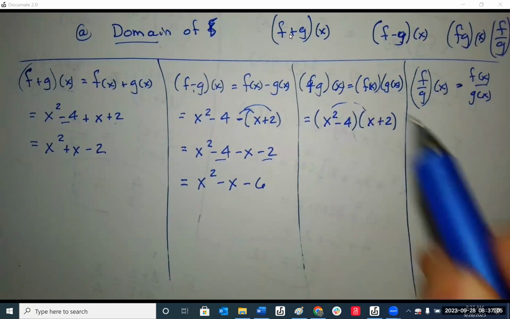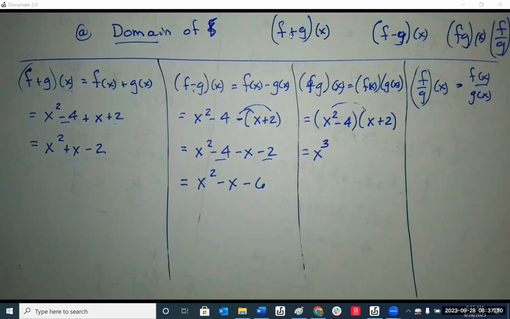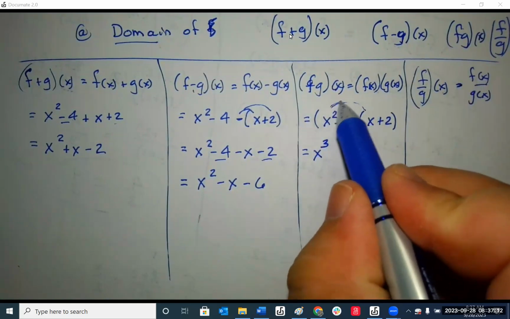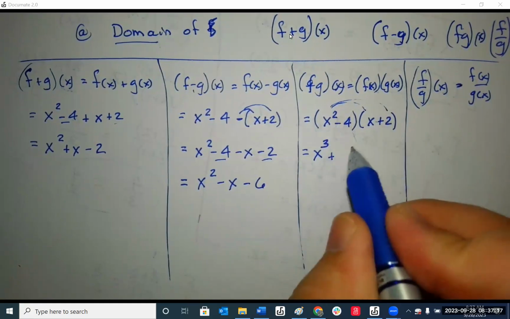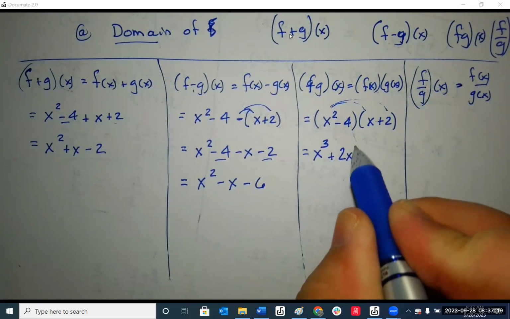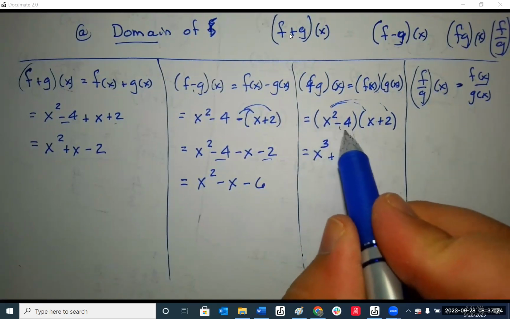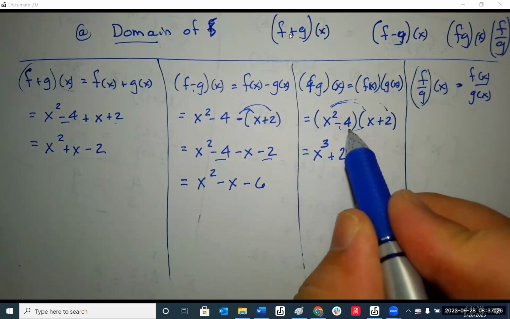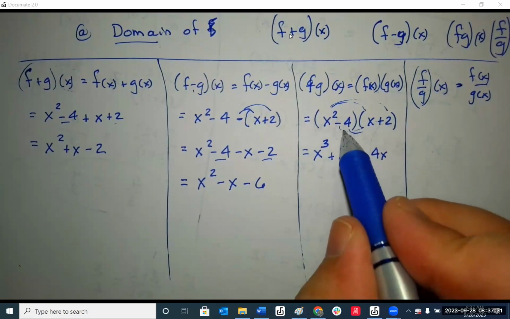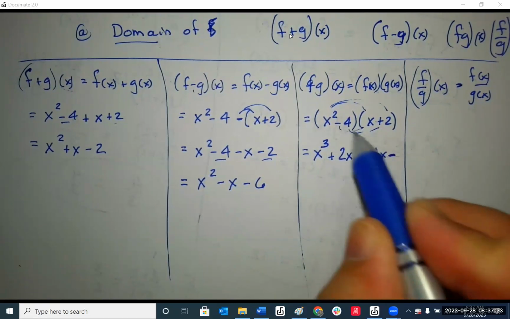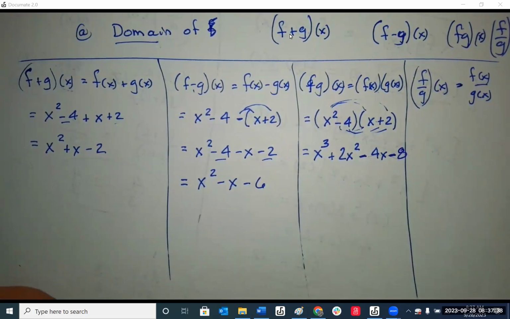So x squared times x is x cubed. Positive times positive is positive. X squared times 2 is 2x squared. That finishes that one. Negative times positive is negative. 4 times x is 4x. Negative times positive is negative. 4 times 2 is 8. And there's that one. We can't combine anything else. We're done.